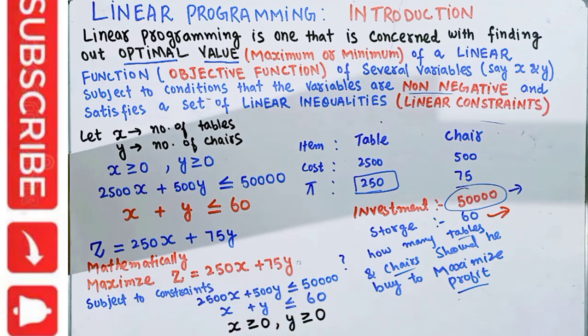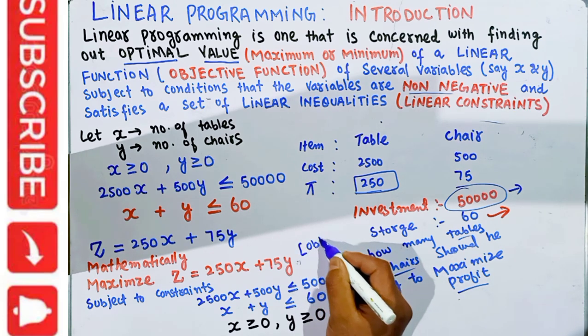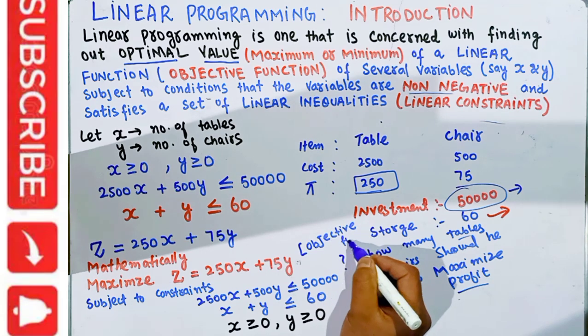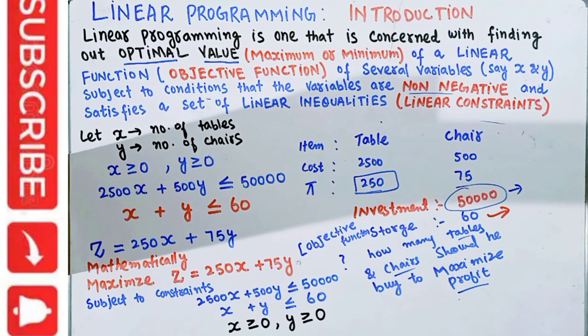This profit function here we call the objective function. These two constraints we call linear constraints, or linear inequalities.